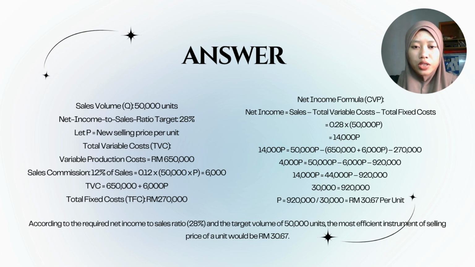So 14,000P equal to 50,000P minus 650,000 plus 6,000P and minus 270,000. So 50,000P minus 6,000P and minus 920,000.